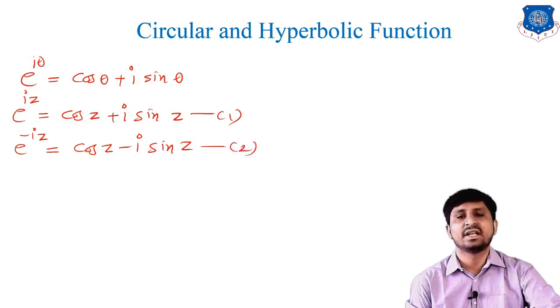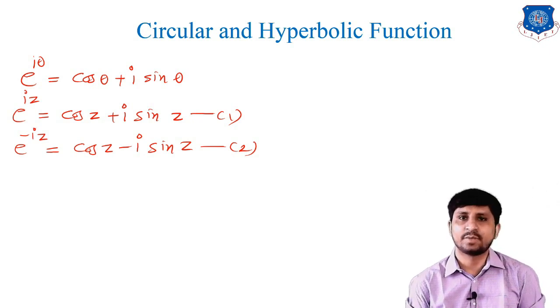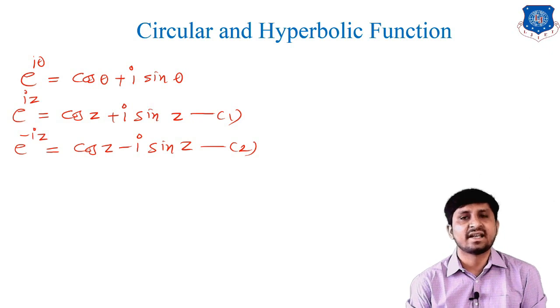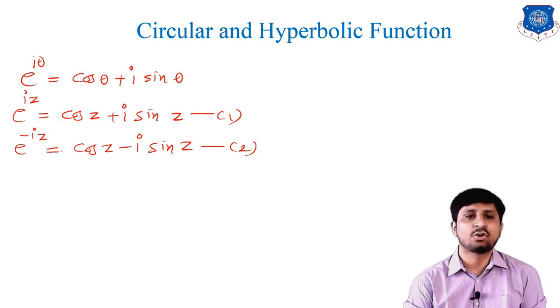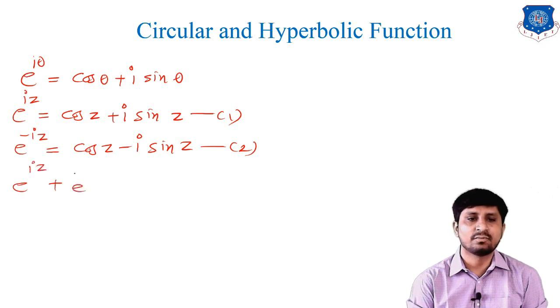Suppose I add equation number 1 and equation number 2. Then on the left hand side we get e raised to iz plus e raised to minus iz, and on the right hand side we get cos z plus cos z, so 2 cos z, because I sin z minus I sin z will be cancelled out. Finally we get e raised to iz plus e raised to minus iz equal to 2 cos z.